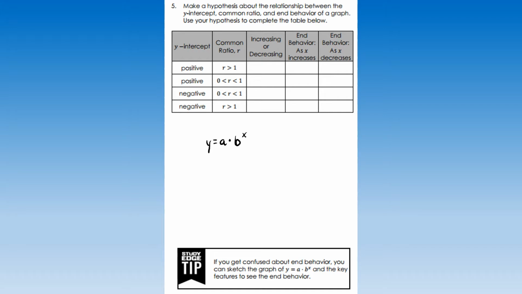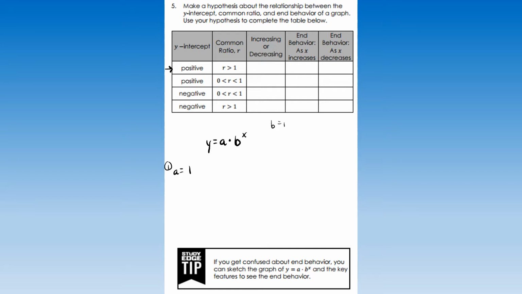So if a is positive, let's say a is +1. So we're doing this first row here, and I'll call this the first one. So a is 1 because it's positive. The common ratio r, in this case we're going to say r is the same thing as b.